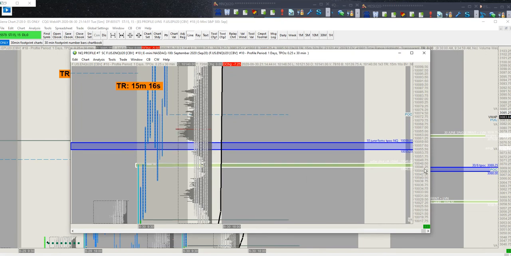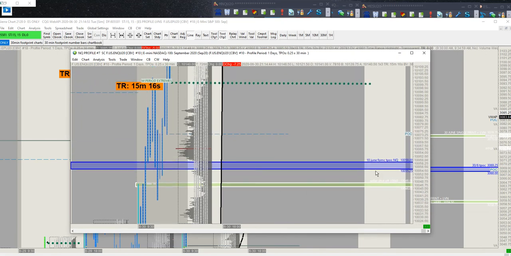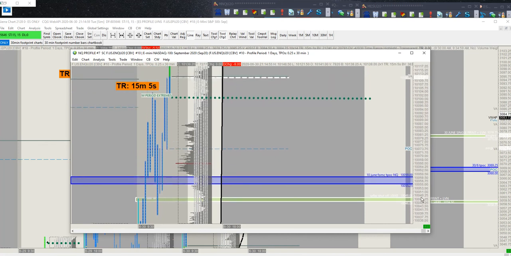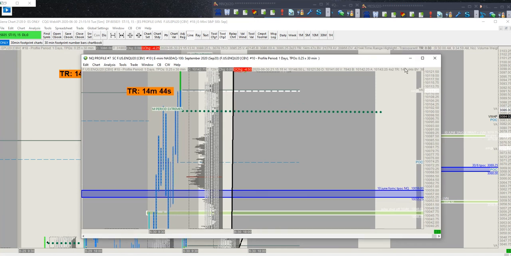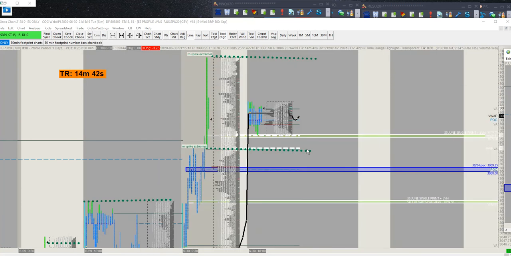I'm not too sure what the news was, but when the news occurs into a level where your bias is tested, that's a very good spot to lean on if you're long biased here, which I was. And this TPO from the previous day again went higher, and we were able to rotate above that several times, just meaning that it was an inflection point from a fundamental day where the FOMC came out with some information there.